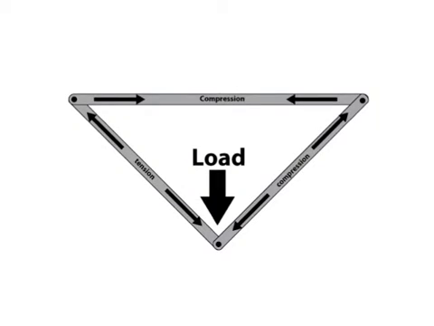Let's look at it if we're hanging a weight. Imagine we're hanging some sort of weight off here. The weight is going to pull down here, and that's going to cause tension. So that word should be tension, by the way.